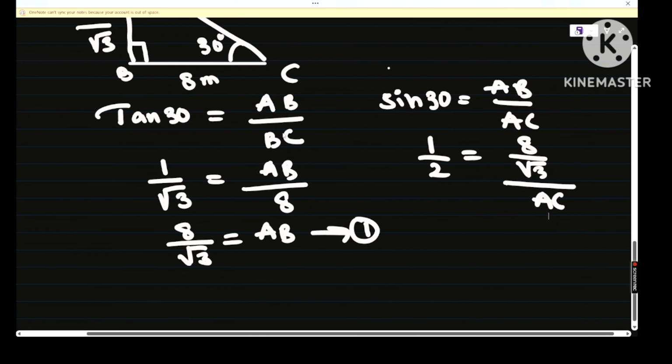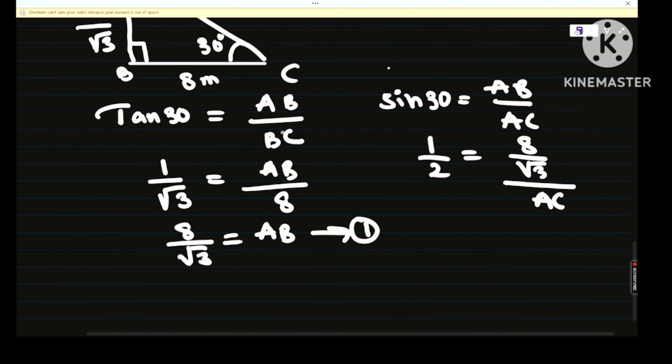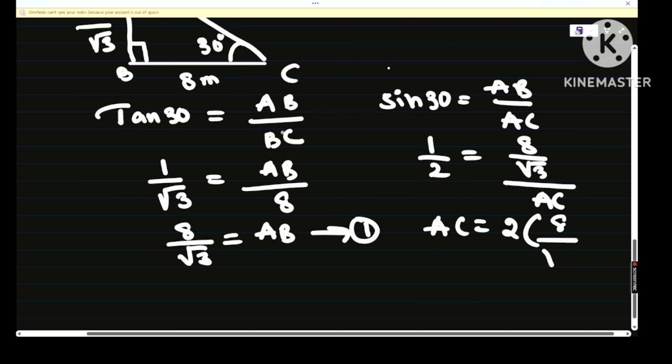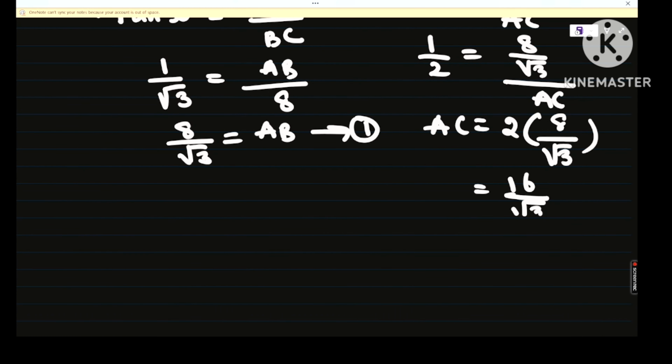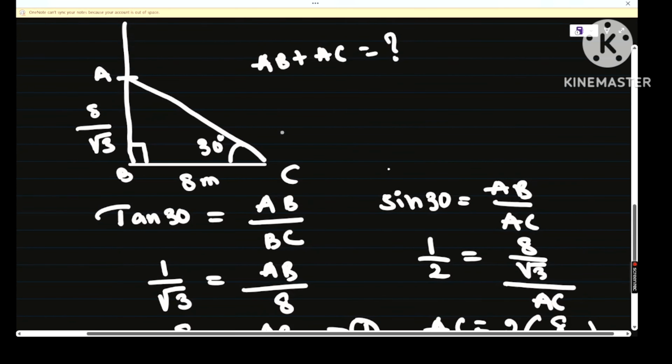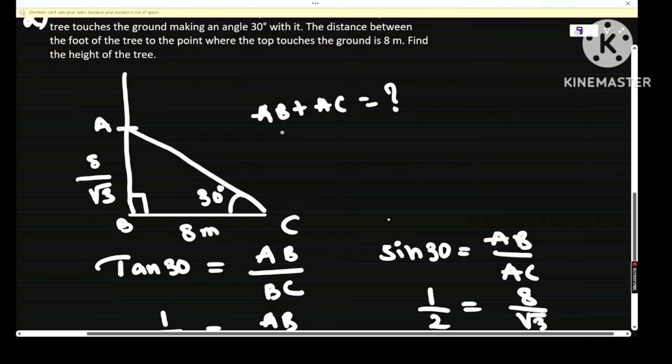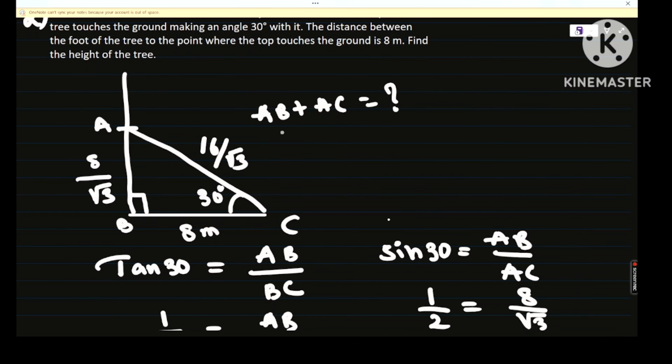Do cross multiplication. Then you will get AC as 2 into 8 by root 3, which is equal to 16 divided by root 3. So the hypotenuse is 16 divided by root 3.